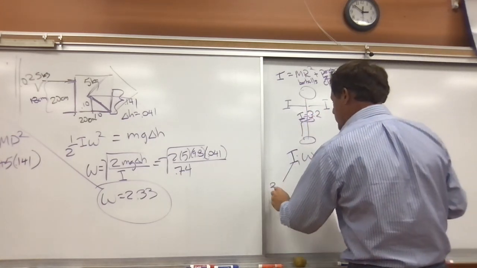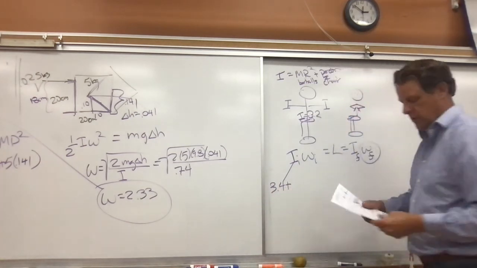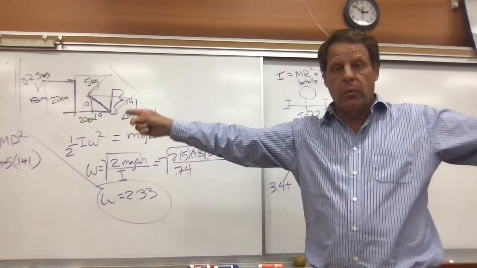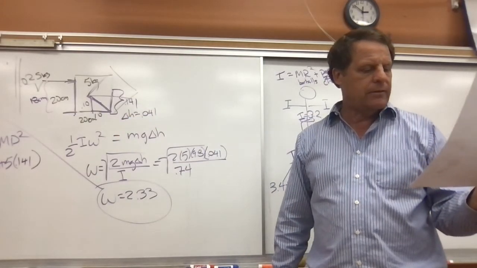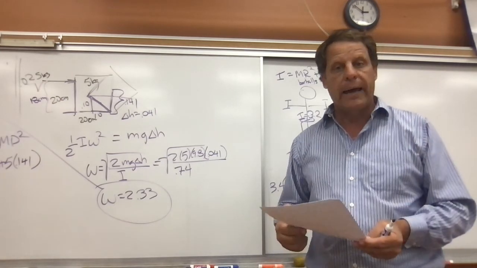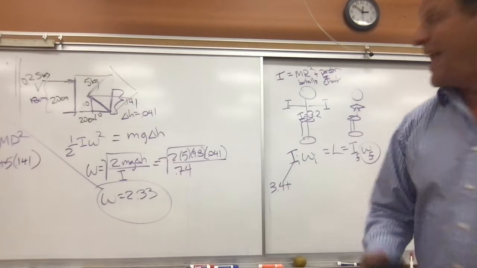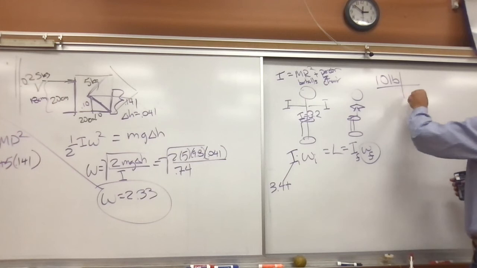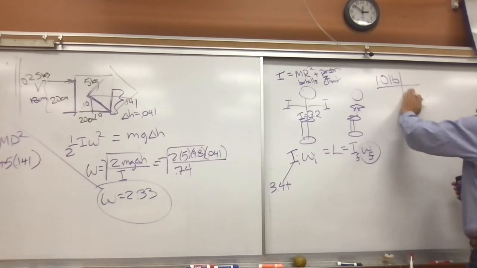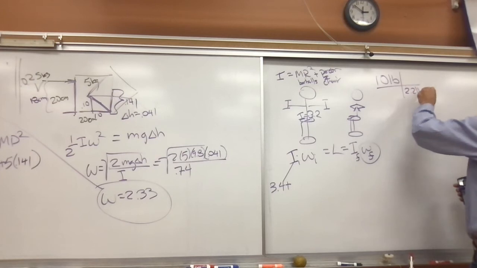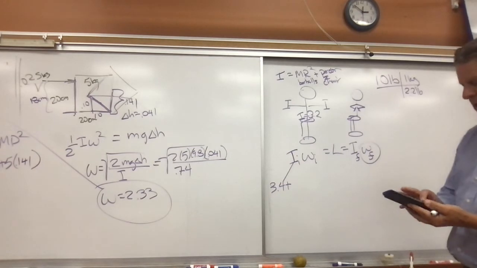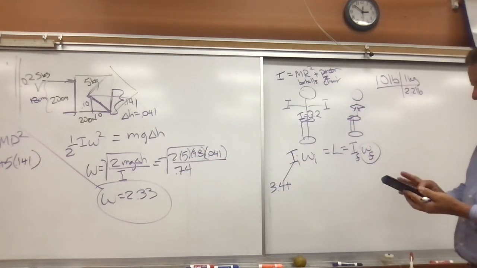So right down here is going to be 3.2 plus our mr squared. Now the arms extended is going to be 1 meter, and the masses are going to be 5 pounds each, which gives us 10 pounds. And for every 2.2 pounds, there's 1 kilogram. So we're going to say 10 divided by 2.2 gives us 4.5.